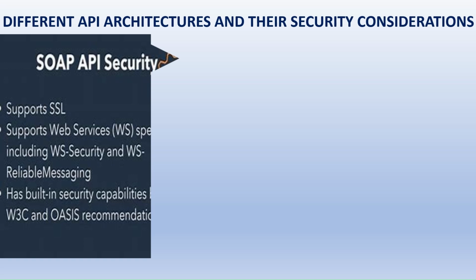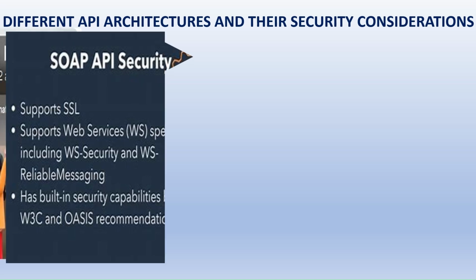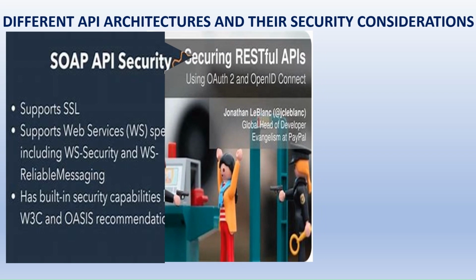These security features make SOAP API a secure option for businesses. REST API security. REST APIs require additional security measures, such as placing them behind an API gateway or using encryption and data protection, conducting regular security assessments, and integrating API security into the development process.